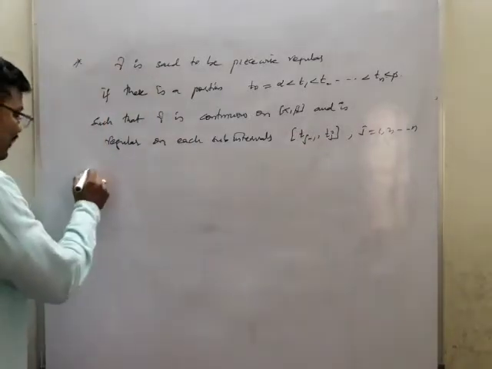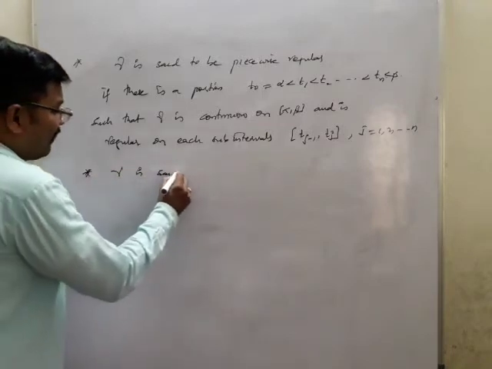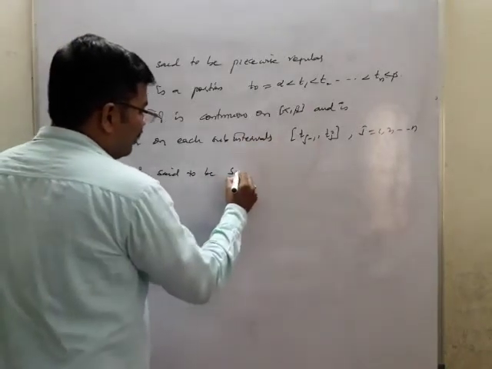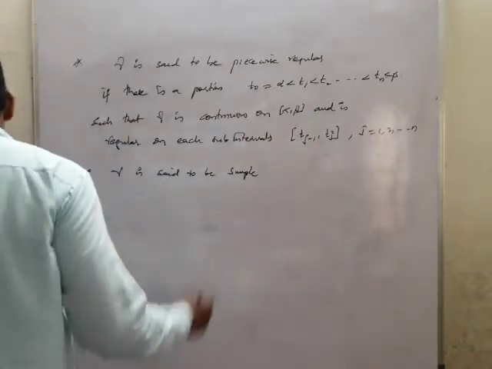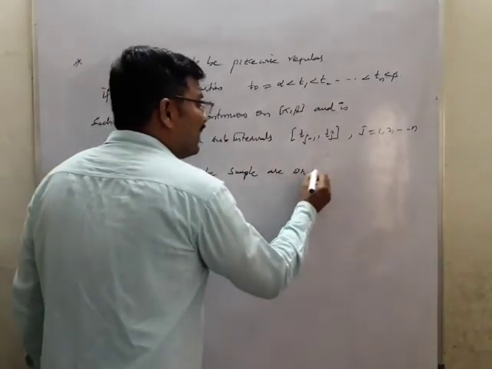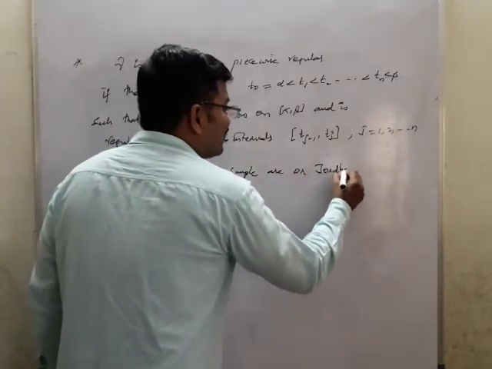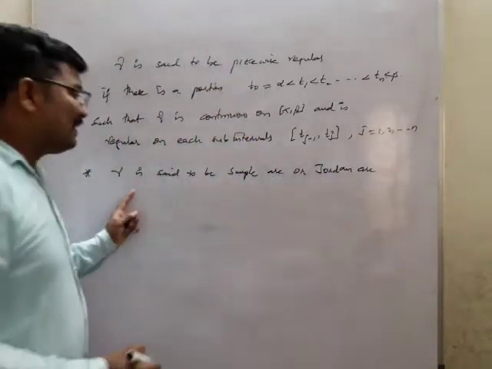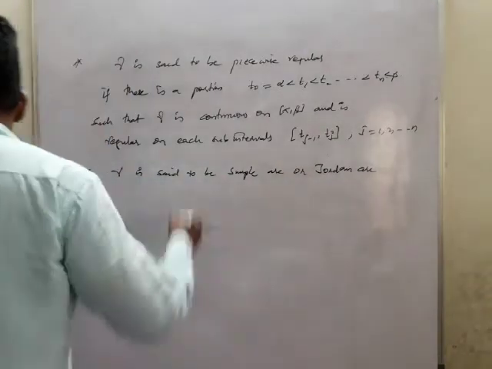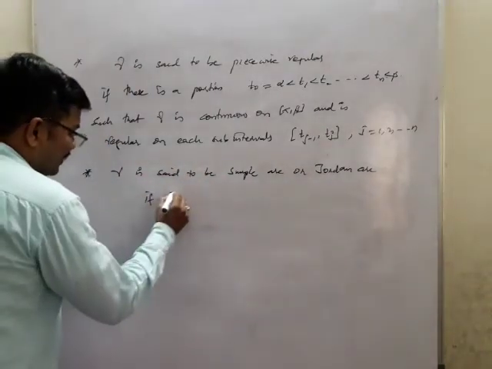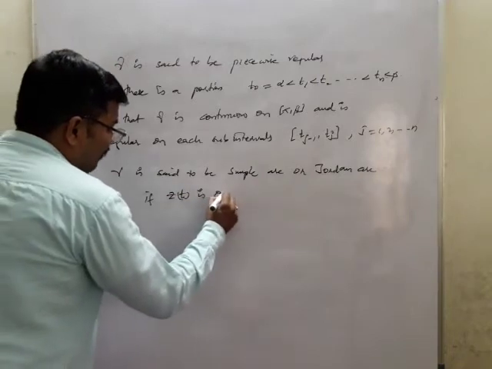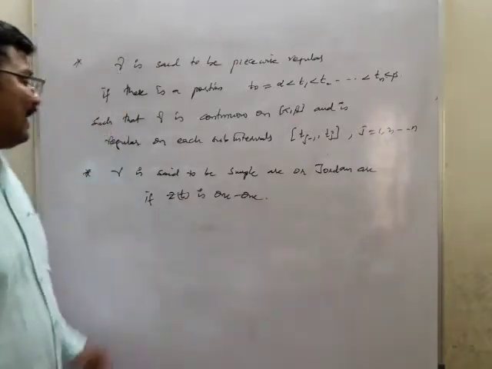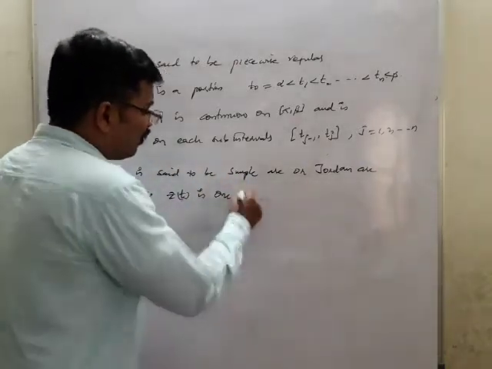And one more important point: gamma is said to be a simple arc, or I can say Jordan arc, if z of t is 1-1.